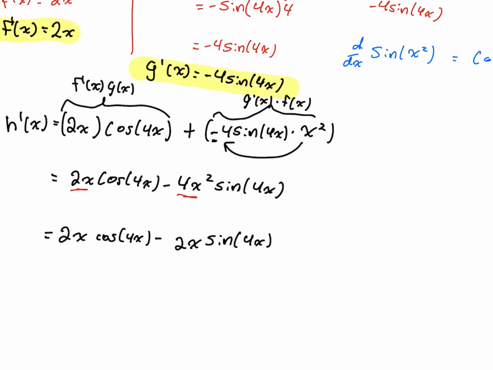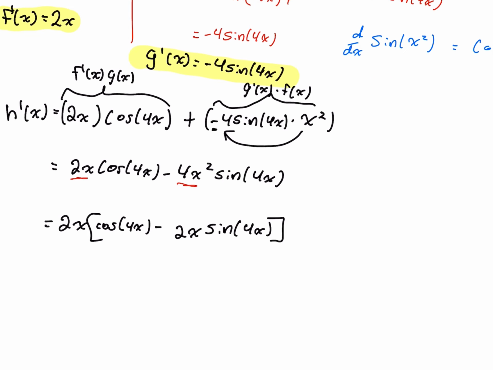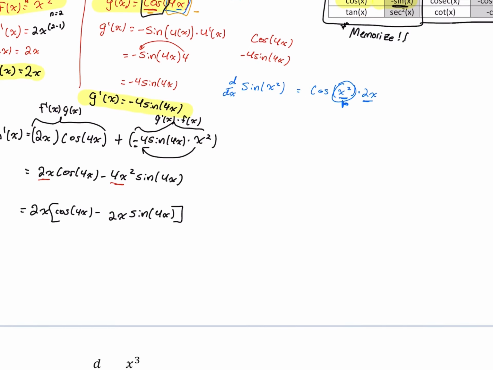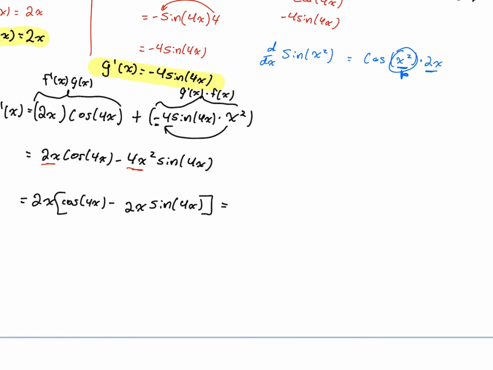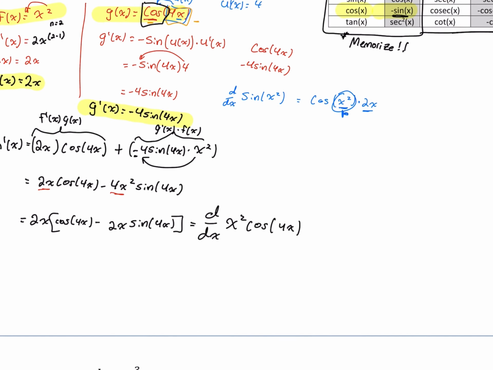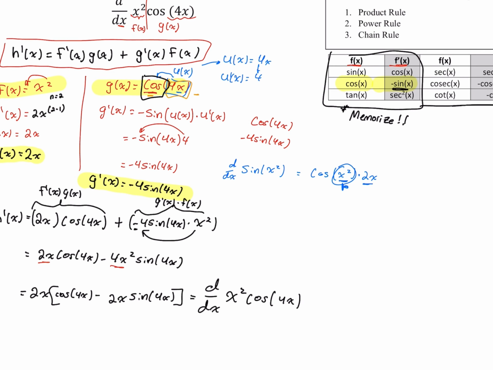And let's just put some brackets around these to make it look a little bit neater. And that is your derivative. So let me rewrite this a little bit. This is equal to d over dx of x squared cosine 4x. All right, and let's take a look at this problem once more.